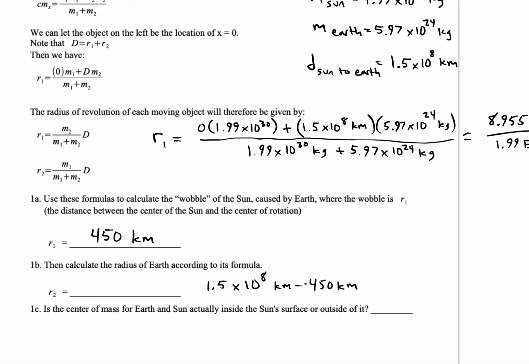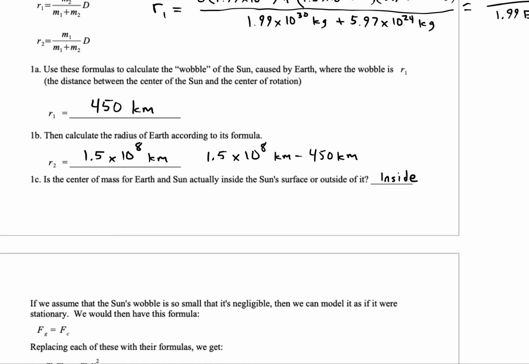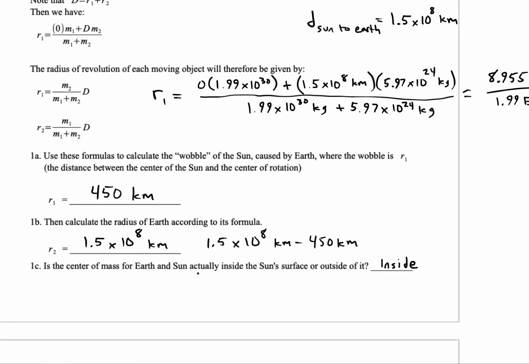Like, the significant figures just don't match up. This is totally insignificant compared to that. So R2 is, of course, 1.5 times 10 to the 8th kilometers. So it just shows that the mass of Earth is not that significant when it comes to calculating that center of orbit. You know, the center of mass is actually inside the sun's surface, yeah.